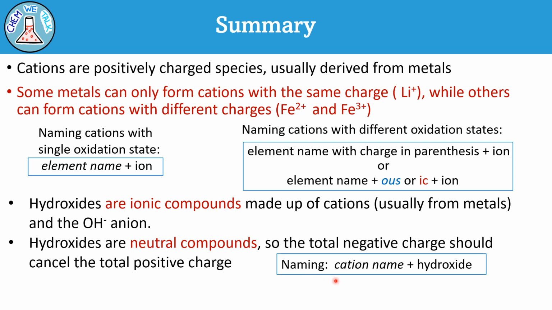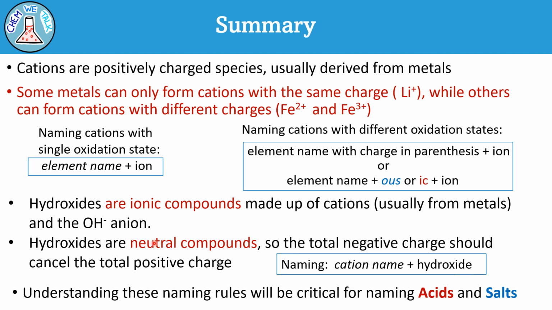The naming is very straightforward if you understand the naming of the cations. It's simply the name of the cation plus the word hydroxide at the end. And although those -ous and -ic notations are not very often used anymore, understanding these naming rules will be critical for naming acids and salts, which is going to be the topic for the next video.